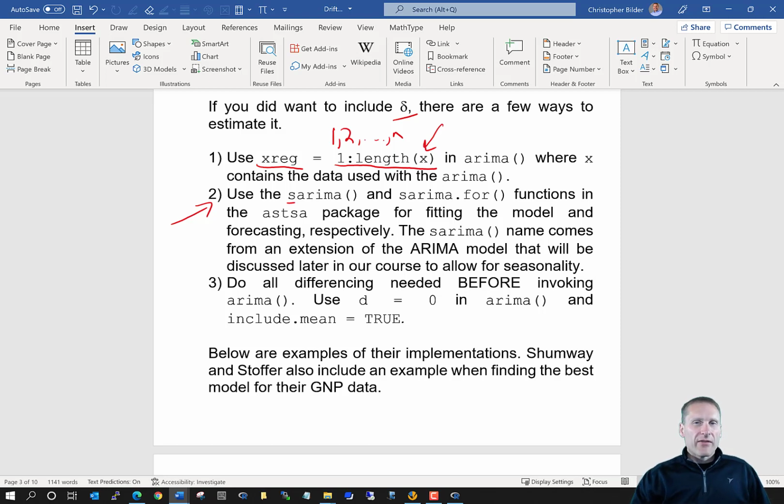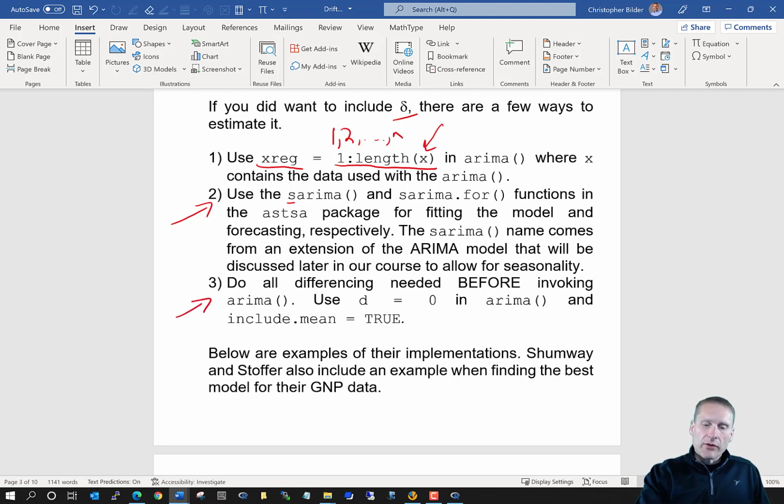The reason we have an S for seasonal is because a more general way to look at ARIMA models is to include a seasonal aspect. Let's say maybe you have data that's observed month by month, or by actual seasons, as in spring, summer, fall, and winter. There are ways to specify that effect in a particular model, and we will actually look at that a little bit later in this course.